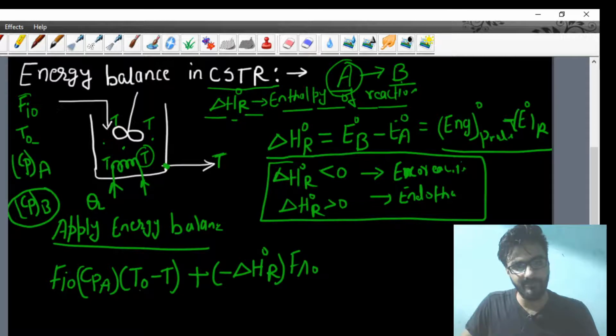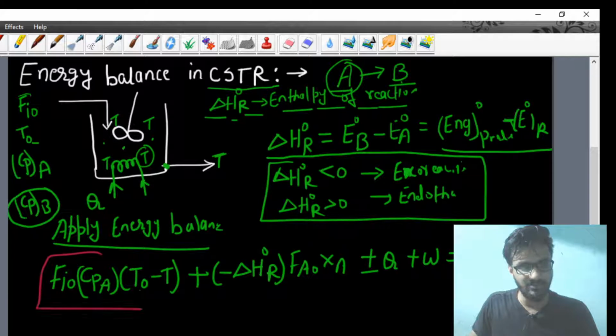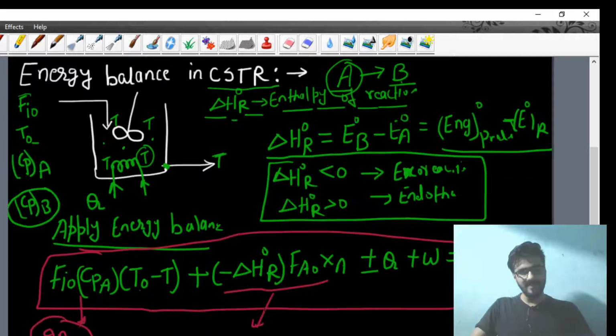Plus minus Q plus W equals 0. My dear student, this is our basic derivation for a continuous stirred tank reactor. Why are we writing it this way? This is the energy in, and this is the enthalpy change due to reaction.